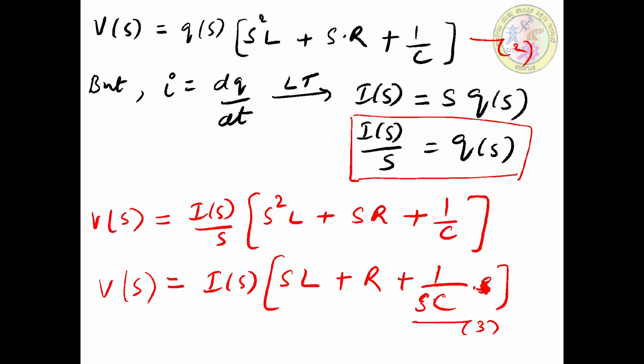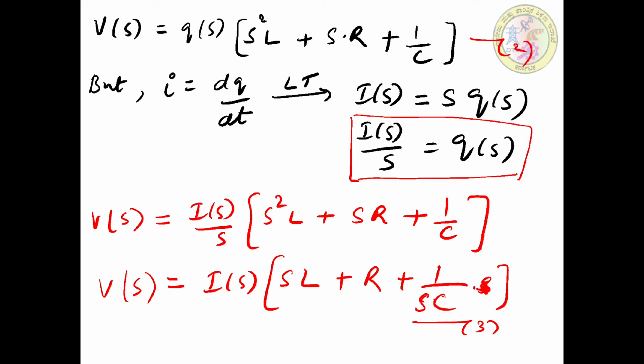Once we replace the terms, we see that a KVL kind of equation is available. Now we have to replace the charge q by current I. There is a relation between I and q. Using that, it is possible to replace q of s by I of s by s, so we get one more equation.